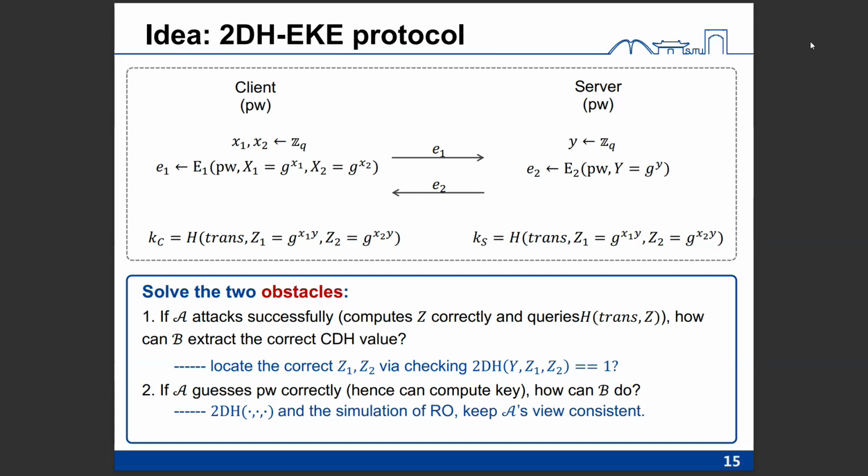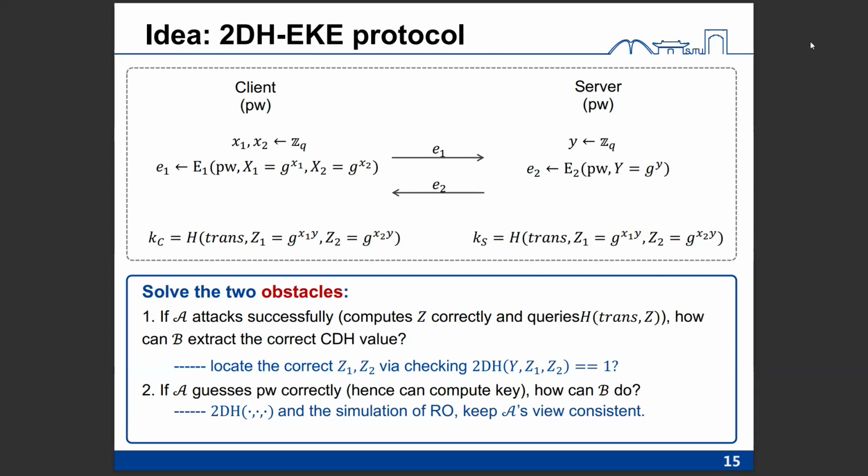And now the session key is computed as a hash of the transcript, Z1 and Z2, where Z1 is equal to g^(x1y) and Z2 is equal to g^(x2y). The security of twin-DH EKE is based on the strong twin-DH assumption, which is equivalent to the standard CDH assumption.